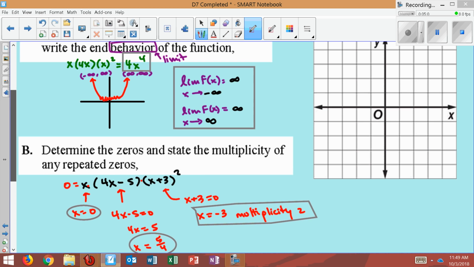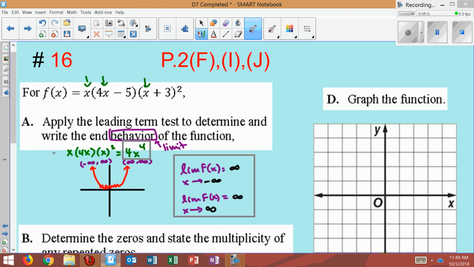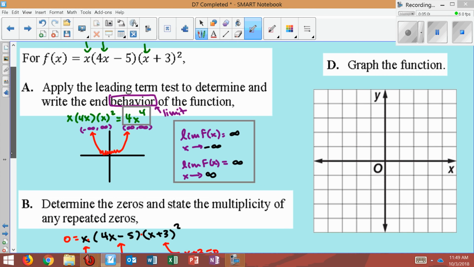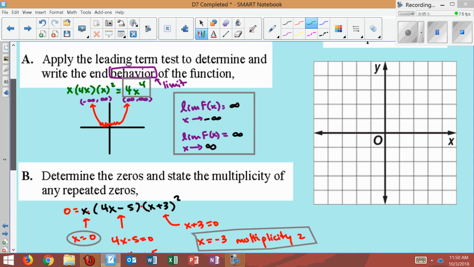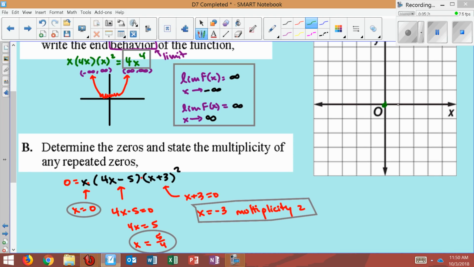And now part D asks us to graph the function. Obviously, I can't get 36 on the graph, which is unfortunate. But what I can do is put some of these other values on there. We have zeros here: 0, and 5 over 4, which is 1.25.